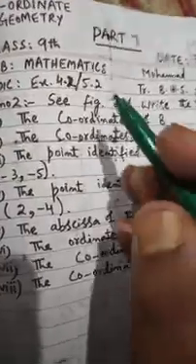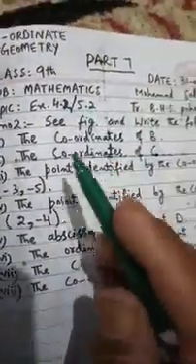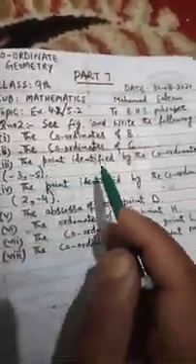This was the solution of the second question from the exercise 4.2, or we can say exercise 5.2. First question was the coordinates of B: -5, 2 are the coordinates of B. Second question was coordinates of C: 5, -5 are the coordinates of C. Third part was the point identified by the coordinates -3, -5.